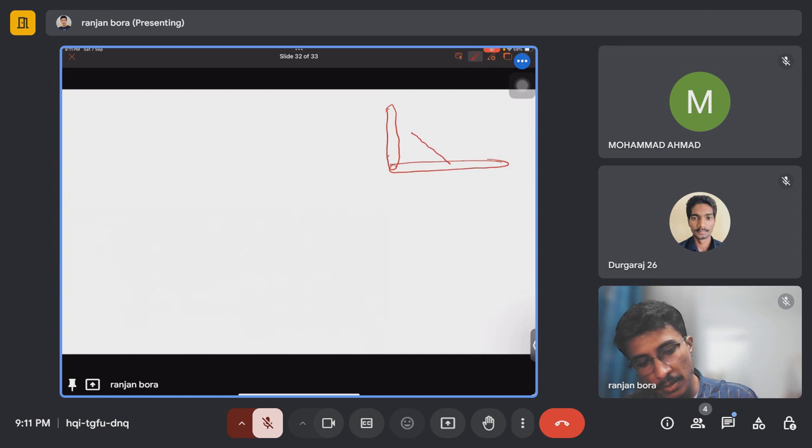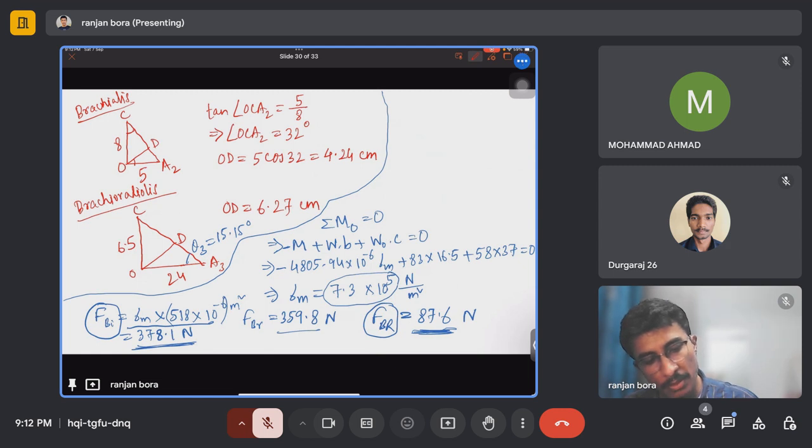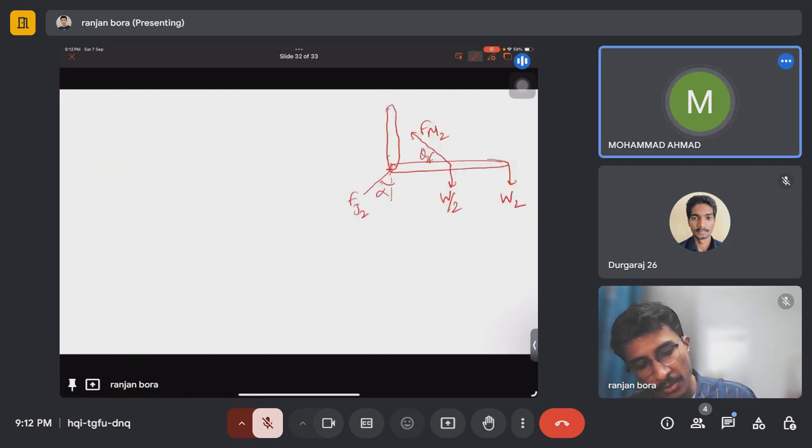This is Fm2, and again let us assume Fj2 at an angle alpha, and this is theta 2, and here it is W by 2. The total weight, let us take it as W.